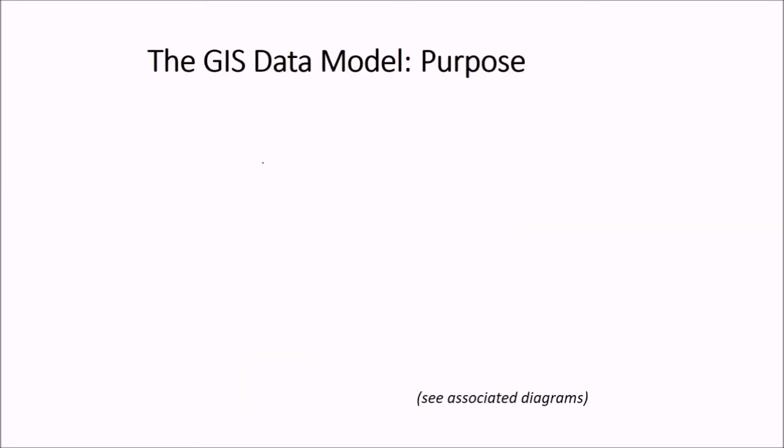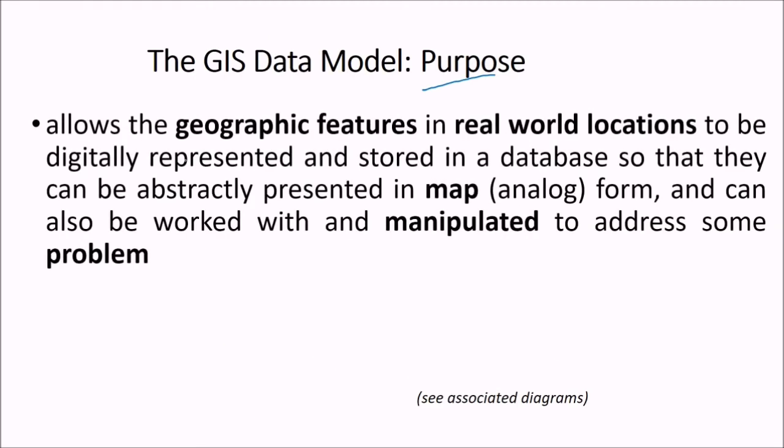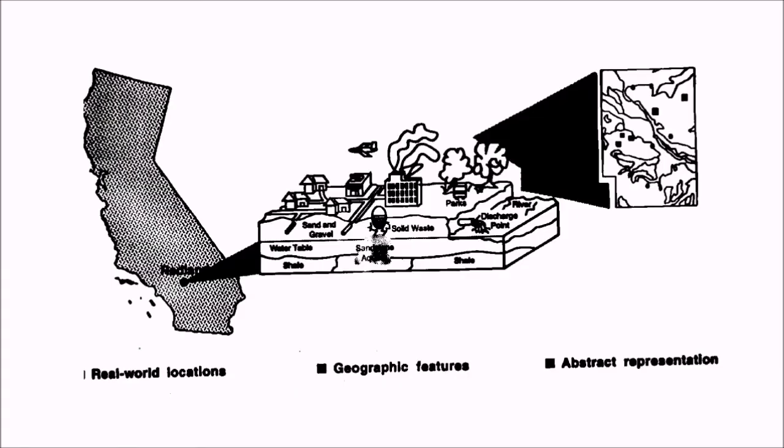So the GIS data model, the purpose: this model allows the geographic features in the real world location to be digitally represented and stored in a database, so that they can be abstractly represented in a map and can be worked with and manipulated to address some problem. So this is a real world location.